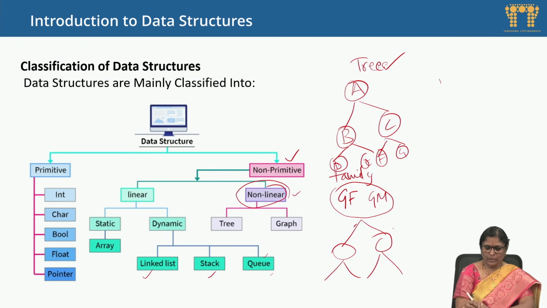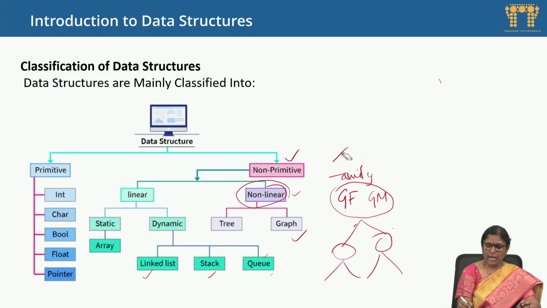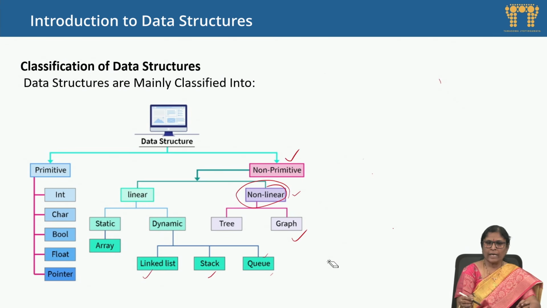And coming to the graph, a graph is also a non-linear data structure which contains vertices and edges. The only difference between the tree and a graph is that the graph contains cycles, whereas the tree does not contain any cycles.